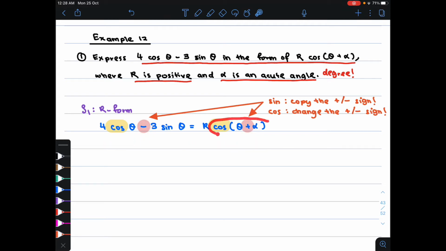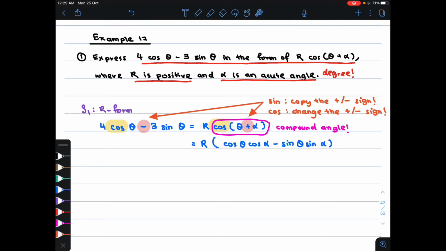Note that this is actually a compound angle. So just use the compound angle formula for cos(theta plus alpha). So r stays the same. Using compound angle, cos(theta plus alpha) is cos theta cos alpha minus sin theta sin alpha.